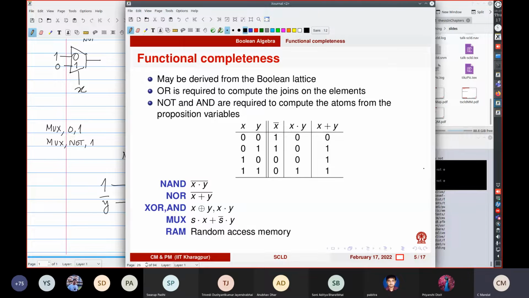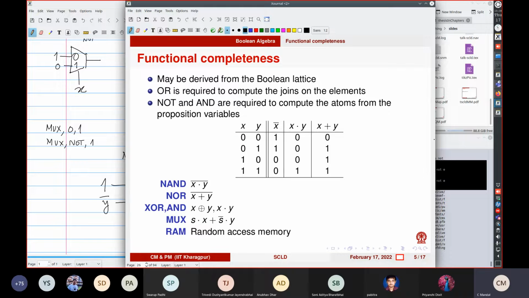Random access memory. So can you comment on the completeness of a random access memory? Any thoughts? It is very simple actually. It is because you can remember the truth table, right?